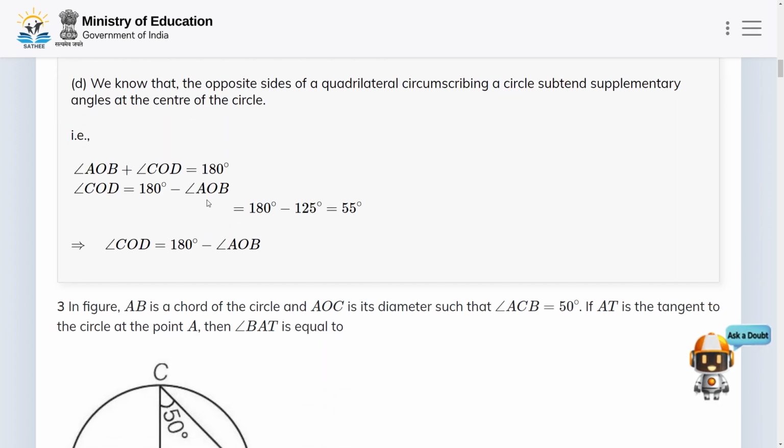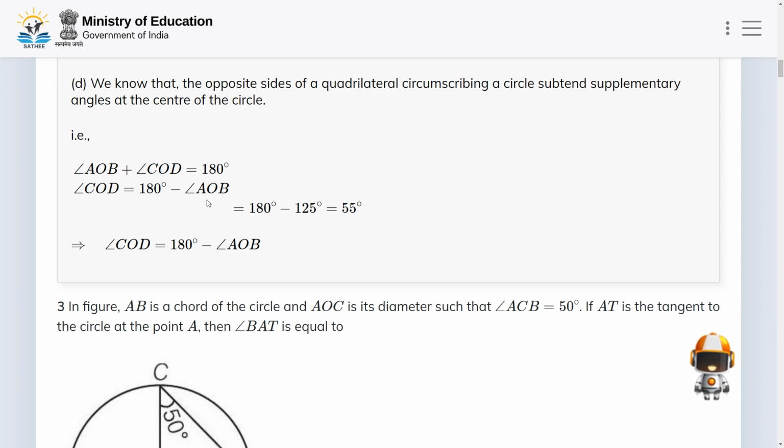We know that the opposite sides of a quadrilateral circumscribing a circle subtend supplementary angles at the center of the circle. That is, angle AOB plus angle COD is equal to 180 degree. Here we are given angle AOB equal to 125 degree.